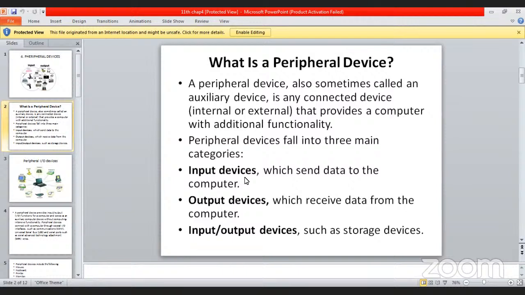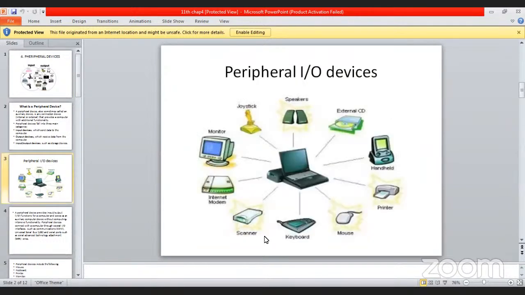First is input devices, which send data to the computer. Output devices, which receive data from the computer. And input-output devices means what? Such as storage devices, just like our memory, RAM, ROM. Now see here, peripheral input devices are what?